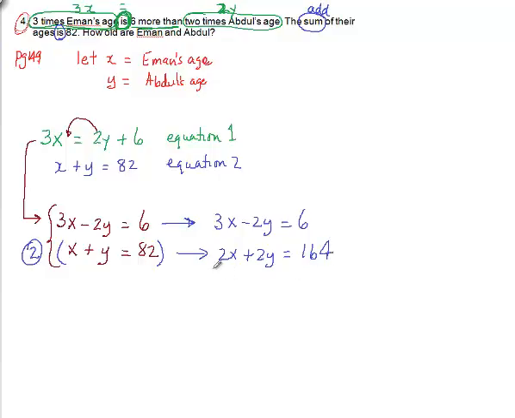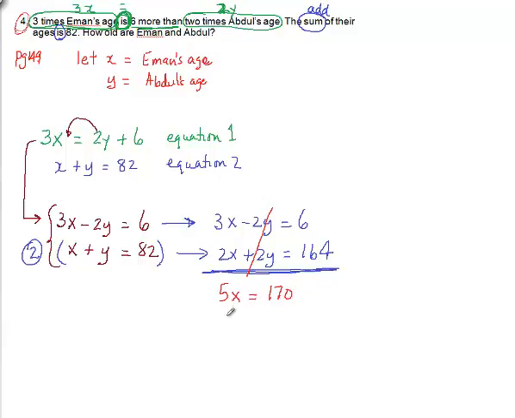Now you'll notice if I add both of these equations, the second part of that name, multiplication addition method, so now I'm adding the equations, I notice the y terms will cancel, and I'll get 5x equals, now 164 plus 6, of course, brings us to 170. Right?